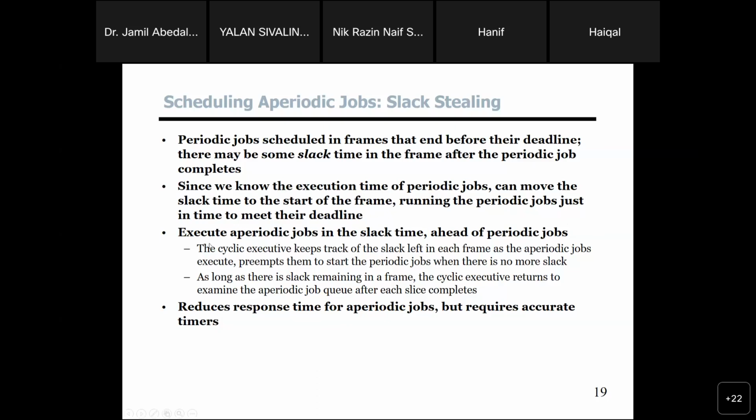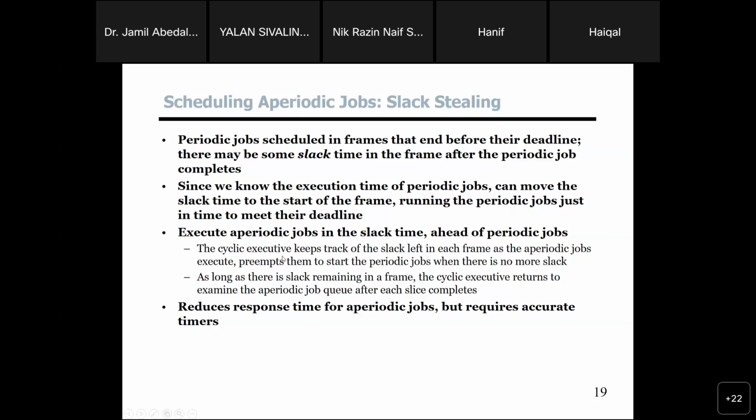So execute aperiodic jobs in the slack time ahead of periodic jobs. Usually the priority is given to periodic jobs, not aperiodic. But in slack stealing, we execute aperiodic jobs in the slack time ahead of periodic jobs. That means the priority will be given to aperiodic jobs, not periodic jobs.